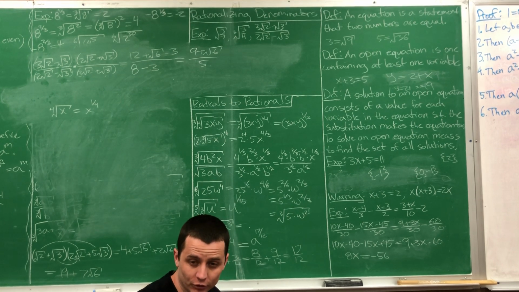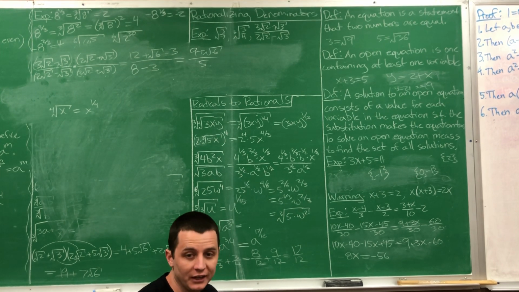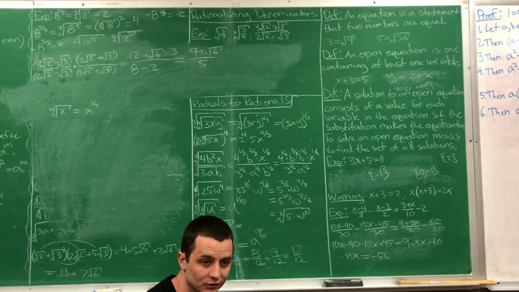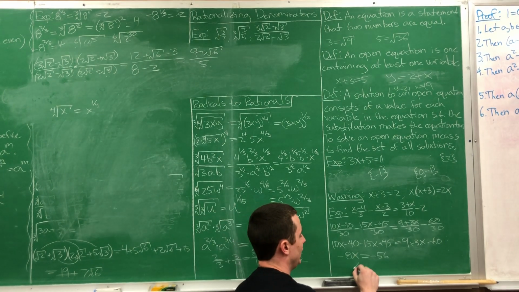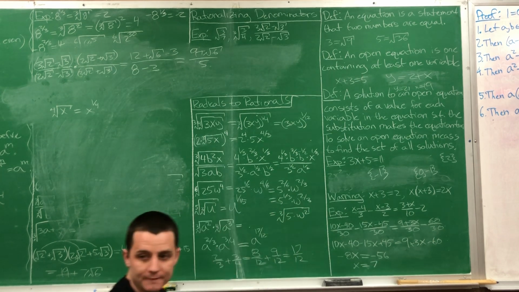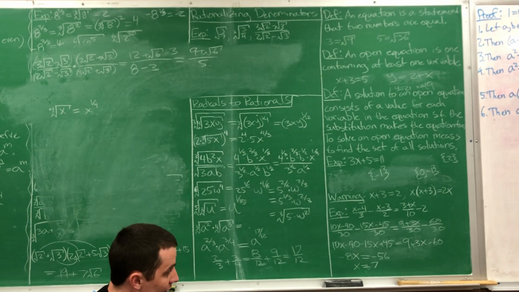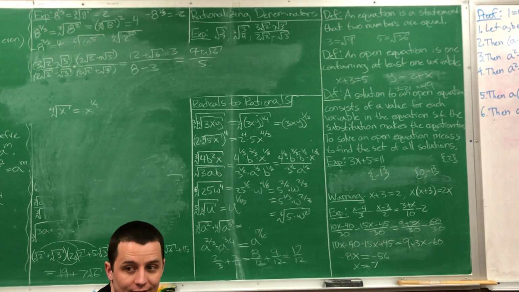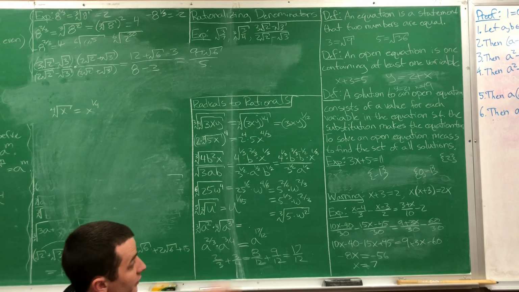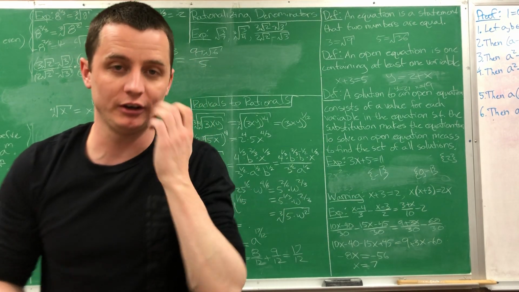Is that going to introduce a new solution? No, because negative 8 is never 0. So divide both sides by negative 8 and we get x is equal to 7. Easy. And that's our only solution. Okay, so that's it for material.